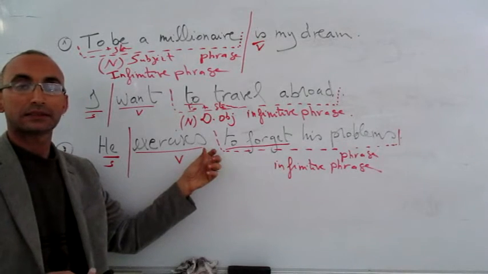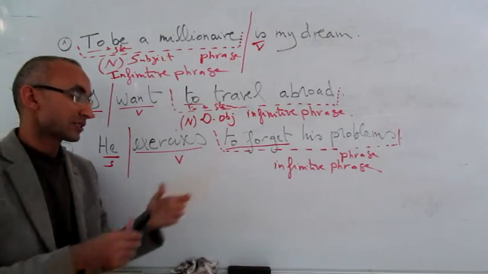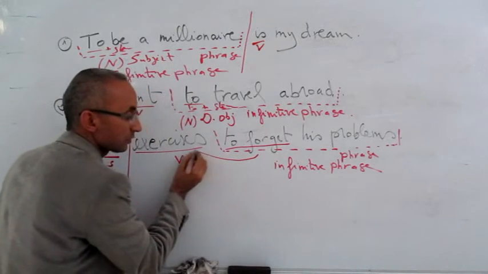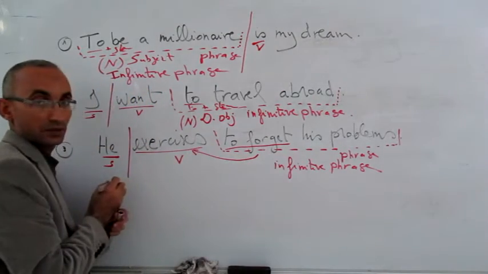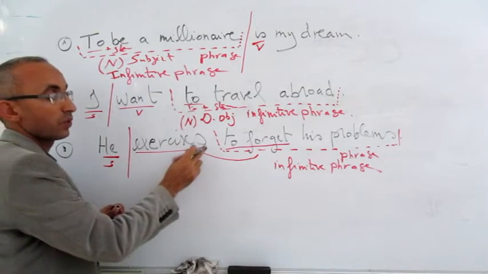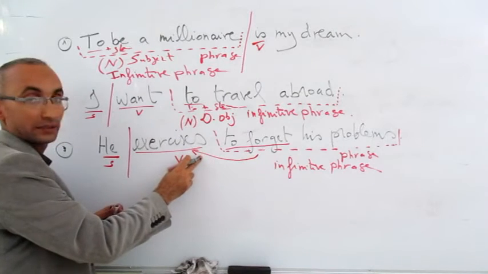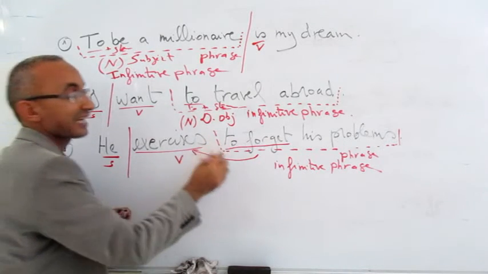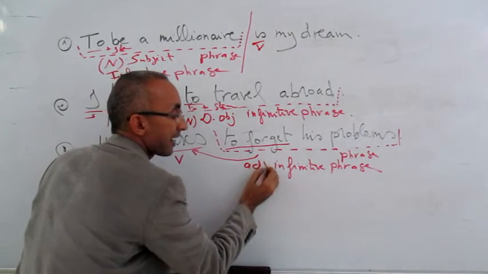He exercises. Why? It's not "what" here. So this phrase is related to the verb. It modifies the verb "exercises" through the answer of why. Clear? Why? Like how, like when, like where. So here it acts as an adverb.